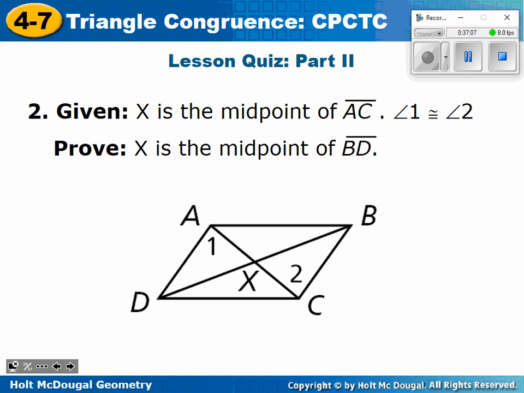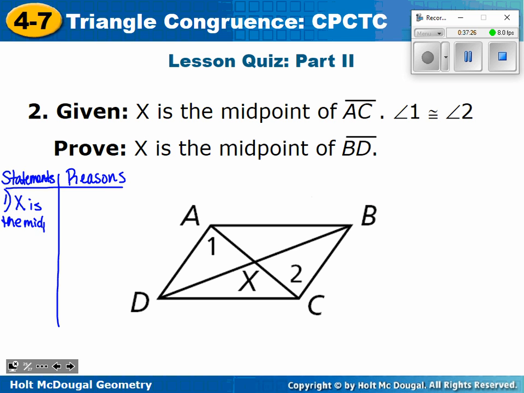So let's check and see how much you were able to figure out on your own. So, statements and reasons. Number 1, you should have started with X is the midpoint of AC, given.